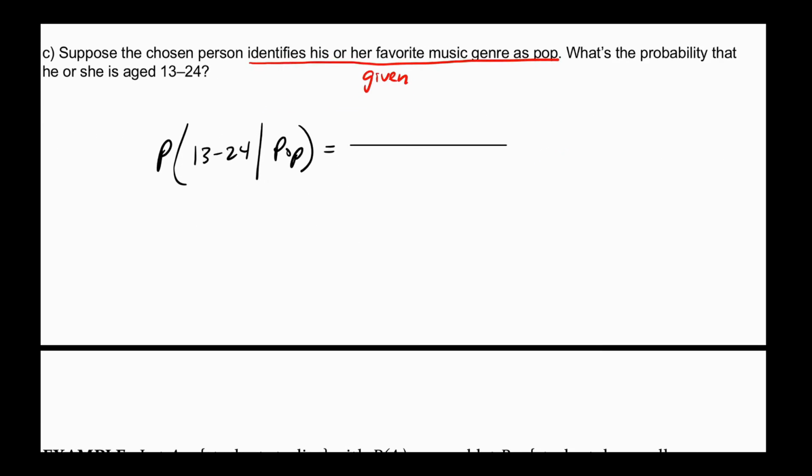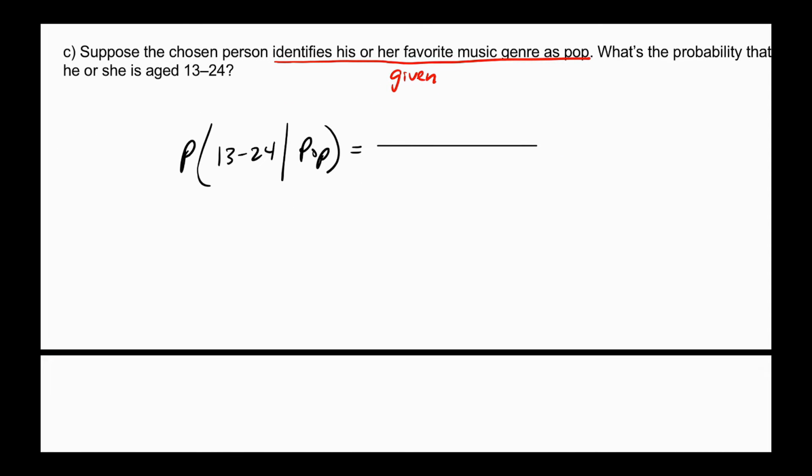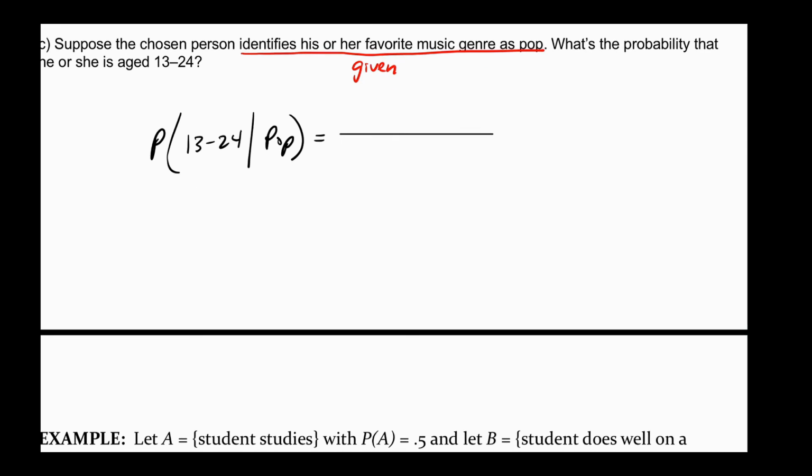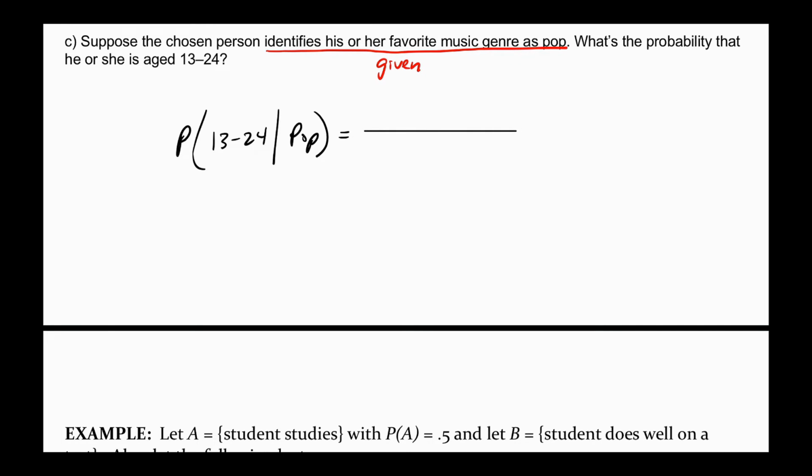Suppose a person chosen identifies his or her favorite music as pop genre. What is the probability that he or she is age 13 to 24? Well, I wrote it on here, which is I hope what you guys did or would do. They tell you what's the given. We already know that the person that's going to be chosen is pop music genre.